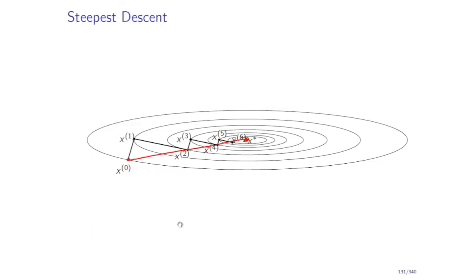Alright, and what happens in the conjugate direction methods? Let's say we select our first direction, just like in steepest descent, to be the negative of the gradient. We can do that, right? So the conjugate direction method will take the same first step as steepest descent, but then the second step will take you directly to the global minimizer.